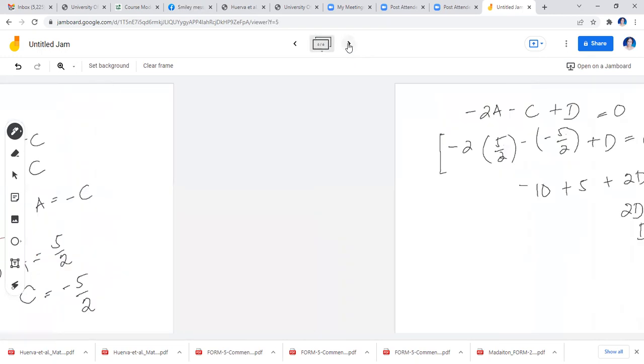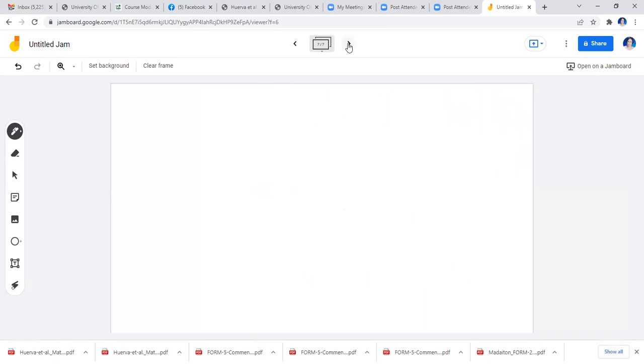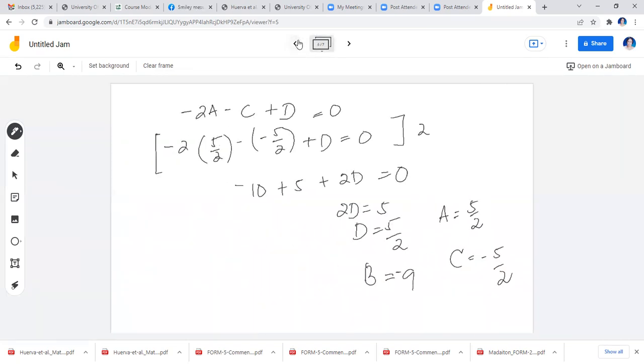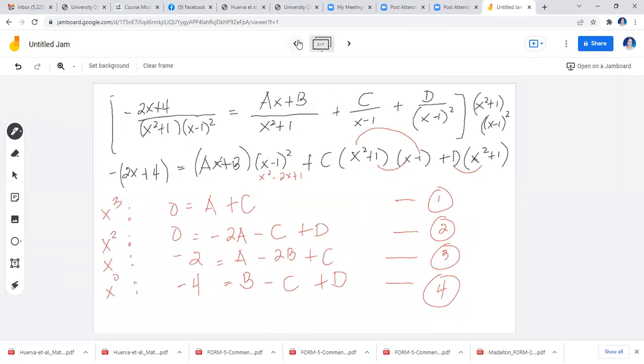So you have the integral of negative 2x plus 4 divided by x squared plus 1 all over x minus 1 quantity squared is equal to. Let me check if I have copied the 2x minus 4 correctly.